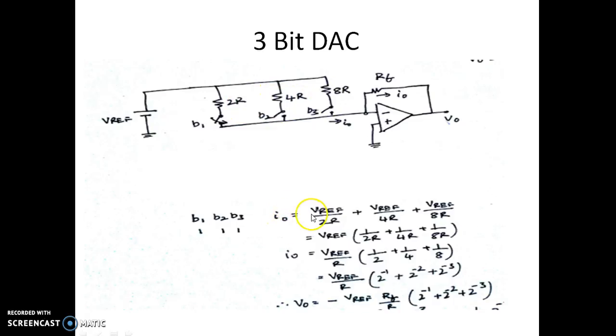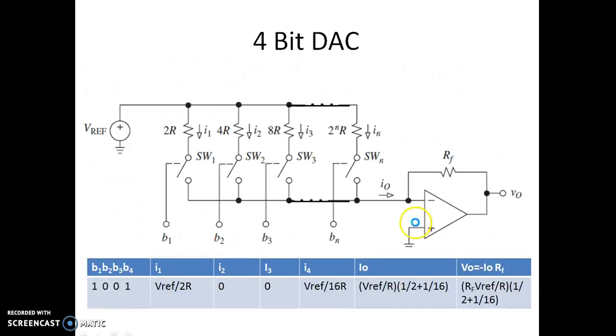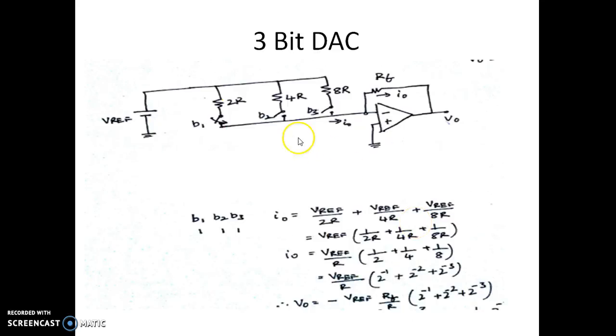So I0 is the combination of all 3 currents. One is due to V reference by 2R, the current flowing through this 2R resistance, and one more current flowing through 4R, which is V reference by 4R. This is V reference by 8R. So all 3 resistors contribute to I0.